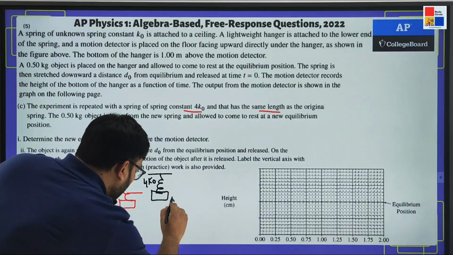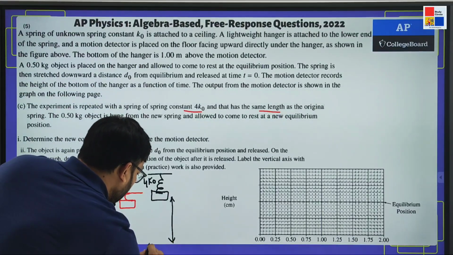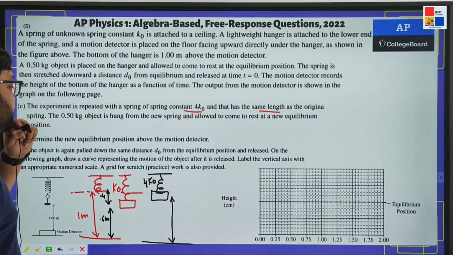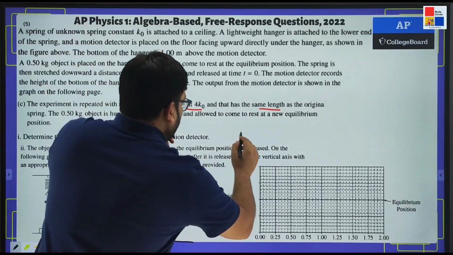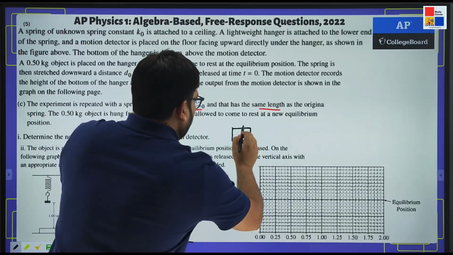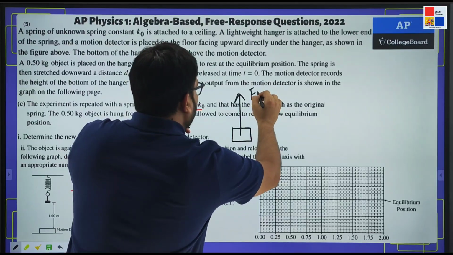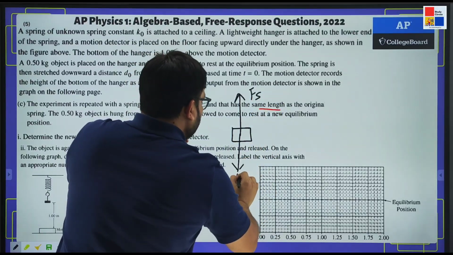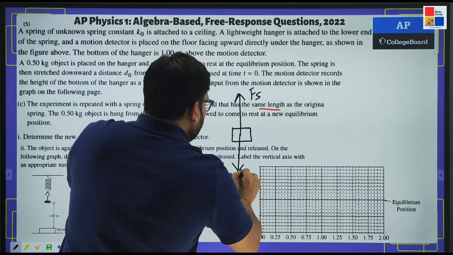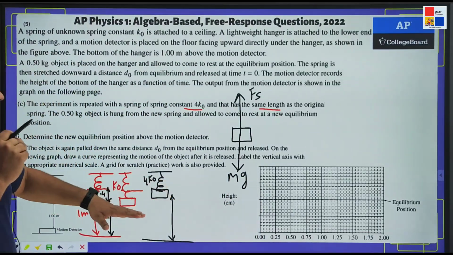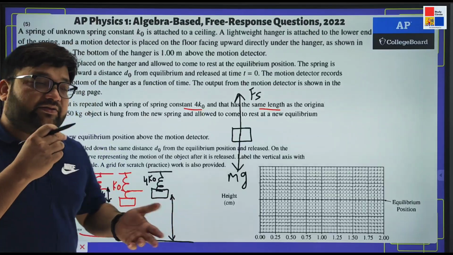We have to find this position: how far above the detector is the object hanging now? The equation of force is still the same. The force due to the spring is balancing the weight mg in both cases. The equilibrium position is shifting because the spring constant has changed.